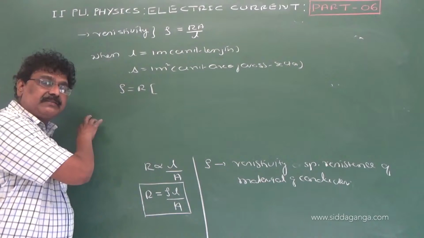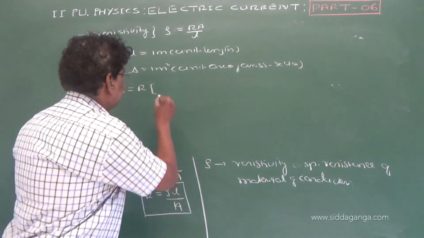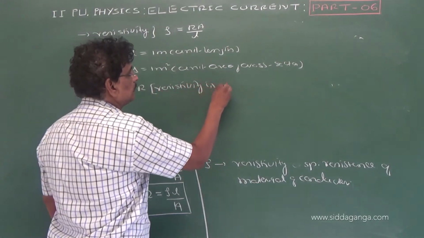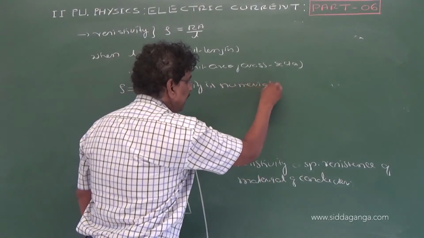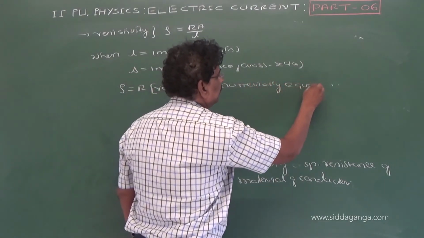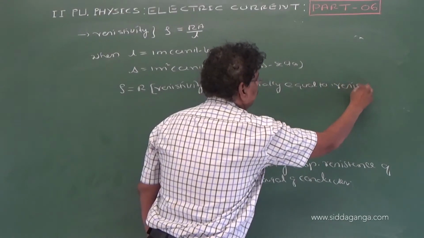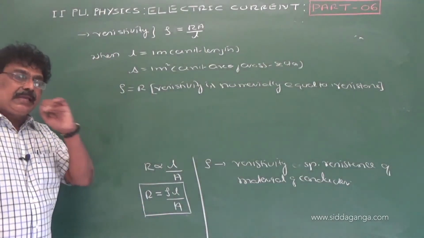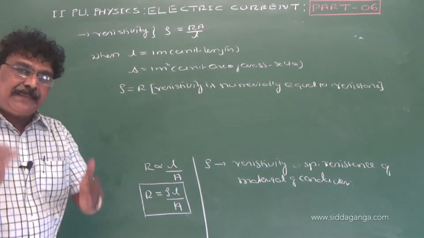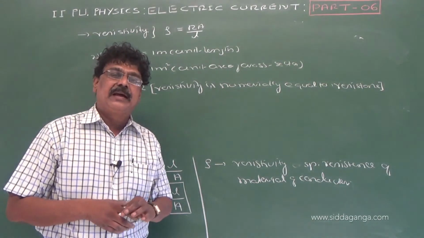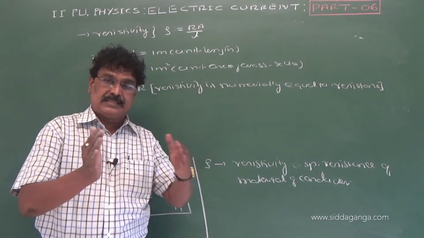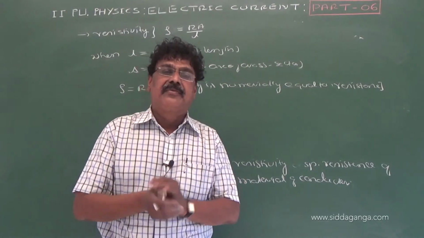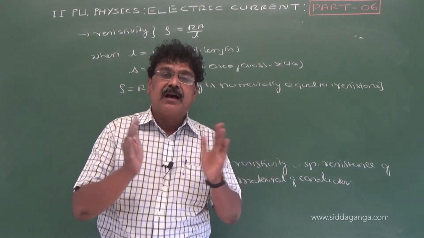That doesn't mean that resistivity is equal to the resistance of the conductor. Resistivity is numerically equal to resistance when we take a conductor of unit length and unit area of cross section.